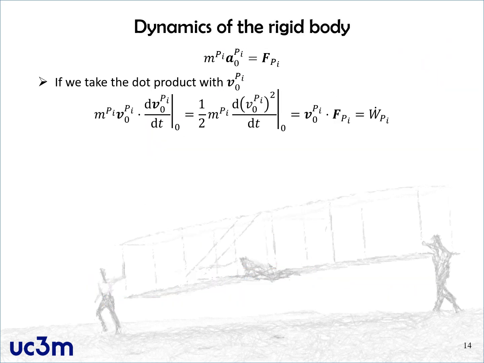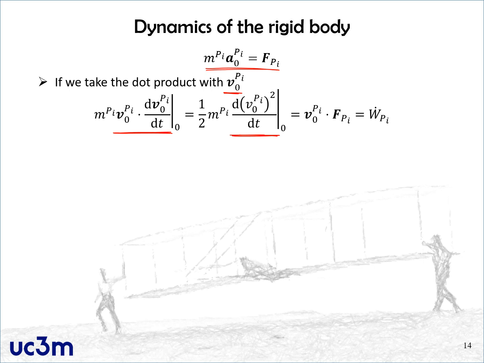Lastly, I want to give you a first taste of the equation of the mechanical energy of the rigid body. As before, we have to start with our only equation, okay? And in this case, in order to get anywhere, we want to dot multiply that with the velocity of the point. So on the left-hand side, what we have is this dot product, which can be rewritten in this way. Okay.